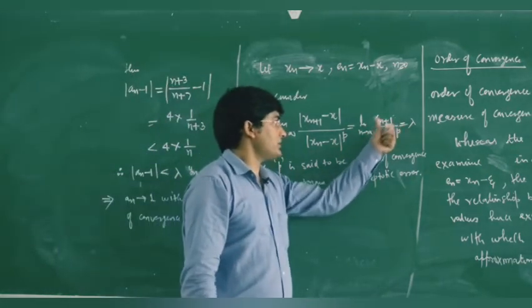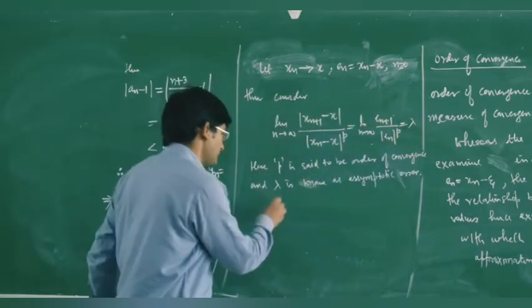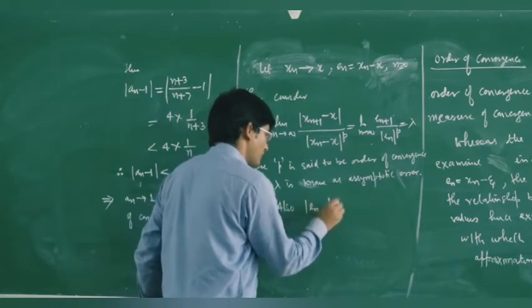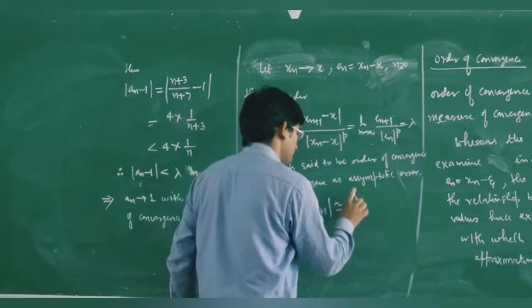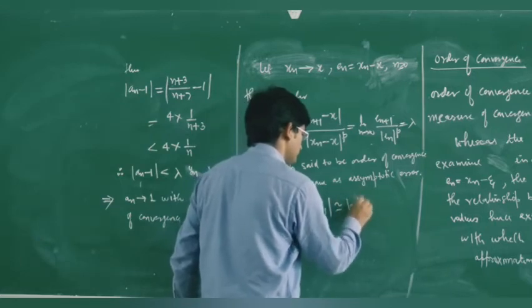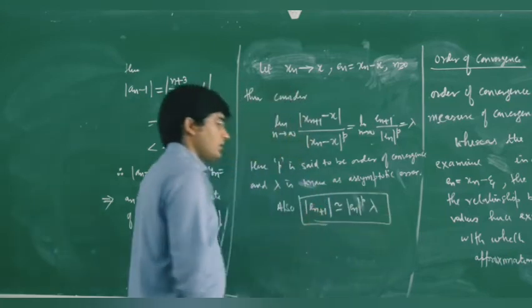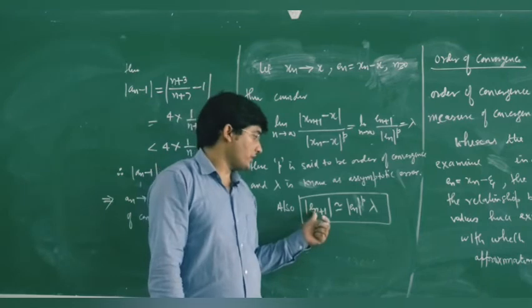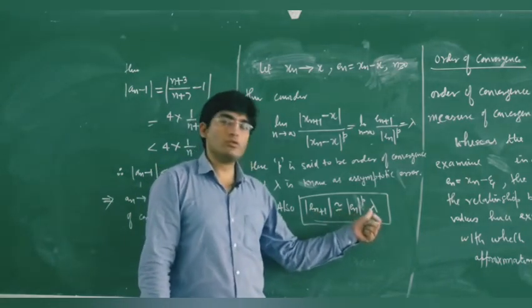Now the limit of en plus 1 upon en power p is equal to lambda. So we can also write it as modulus of en plus 1 approximately equal to lambda times modulus of en power p.